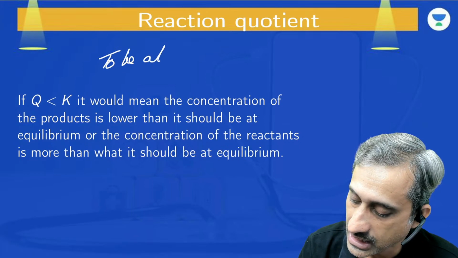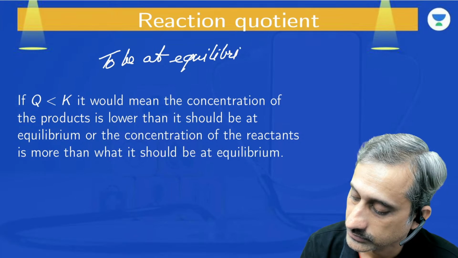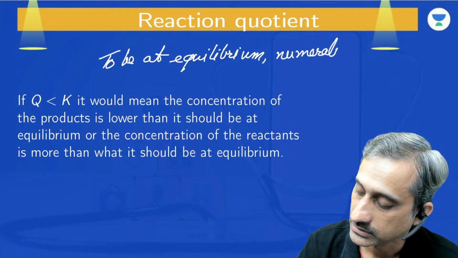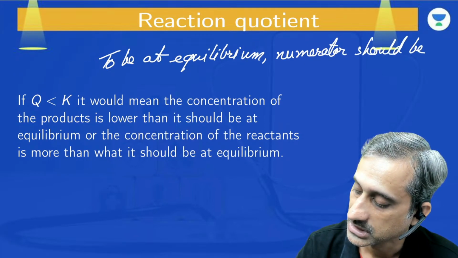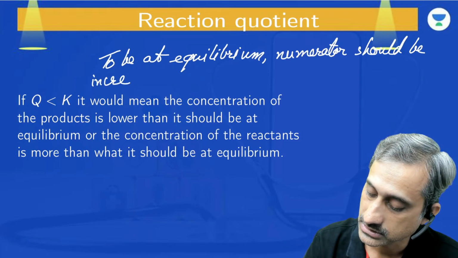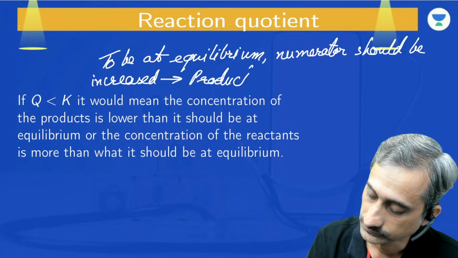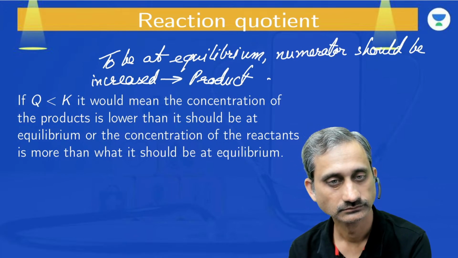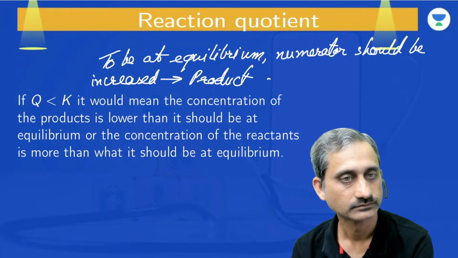To be at equilibrium, the numerator should be increased, and that numerator is the product. Is this clear?